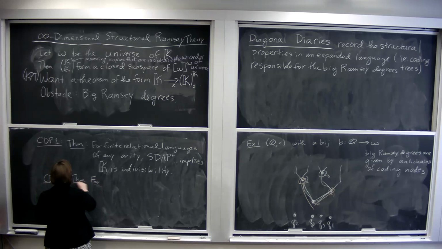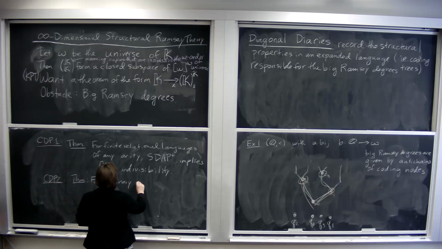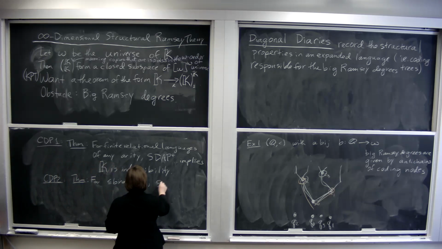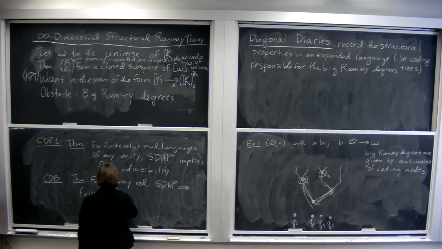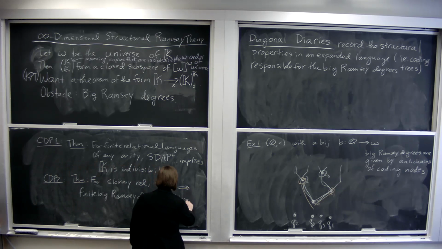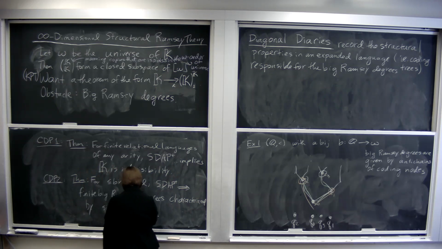So for unary and binary relations, and then this implies finite big Ramsey degrees which are characterized exactly by simple diagonal diaries.